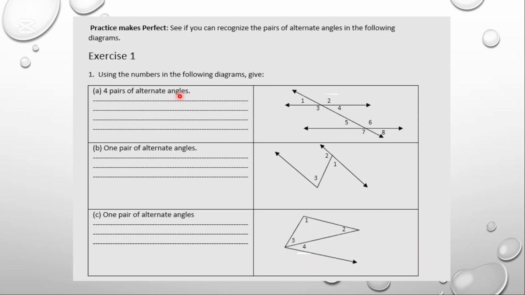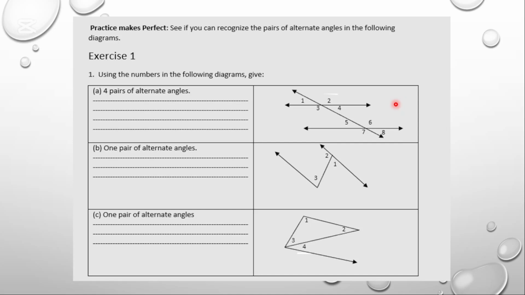I will give you 1 pair and you can figure out the other 3. 1 and 8. Both exterior on opposite sides of the transversal. Right? You can write down the other 3 pairs for me.